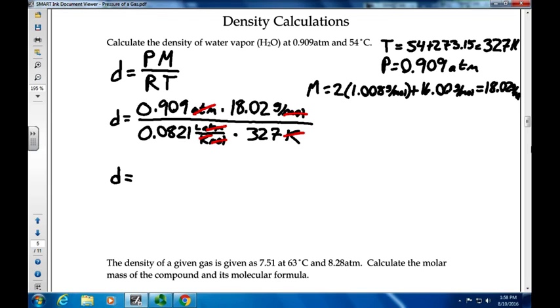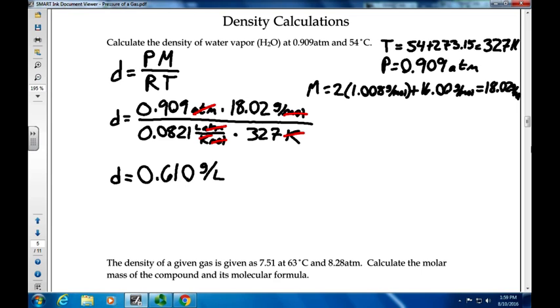So when you do the arithmetic out, you find that our density is 0.610 grams per liter. And that's how you solve that problem. They might have asked for a different unit, like grams per milliliter, in which case you would then convert this to grams per milliliter, just using simple dimensional analysis.